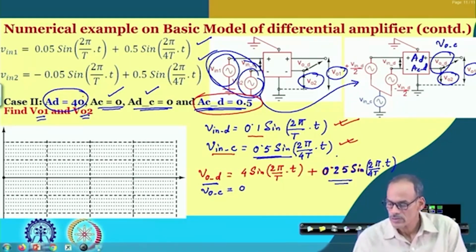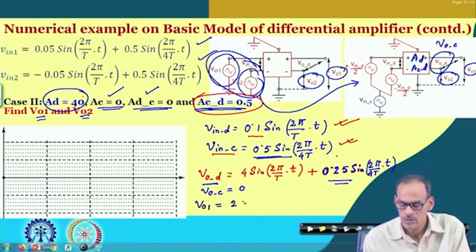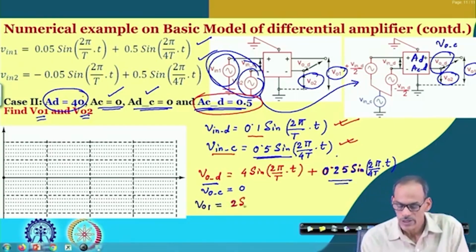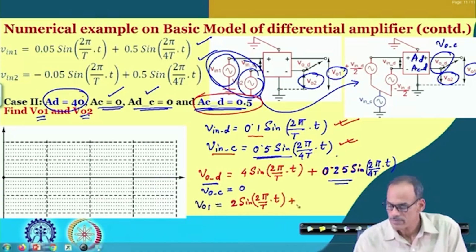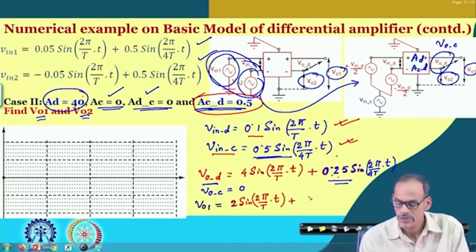Now, from this we can tell that the individual output VO1 equals half of this. So, that is 2 sine 2 pi by capital T into small t, plus the unwanted part, which I need to divide by 2.